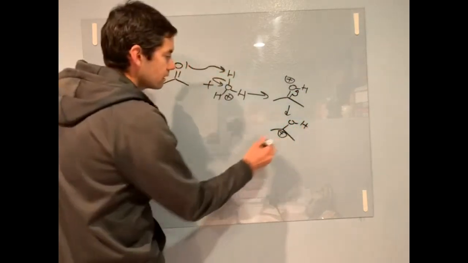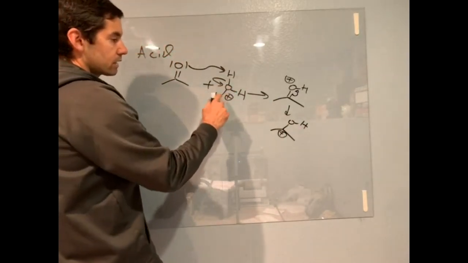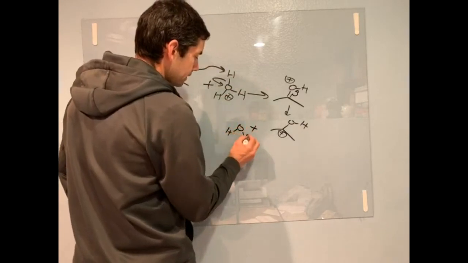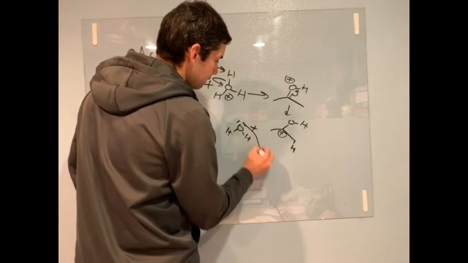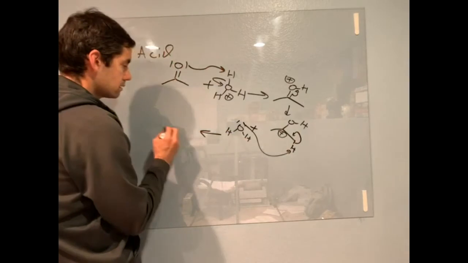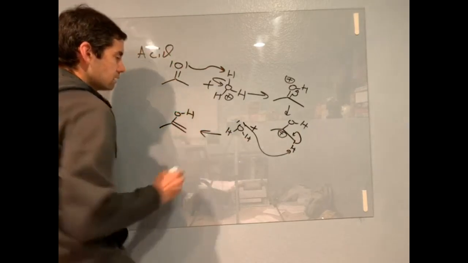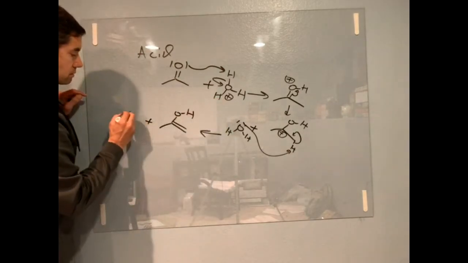Remember, this is acid catalyzed. This OH group gets its proton back, and so water is going to come and take a proton from here to regenerate our H3O plus.